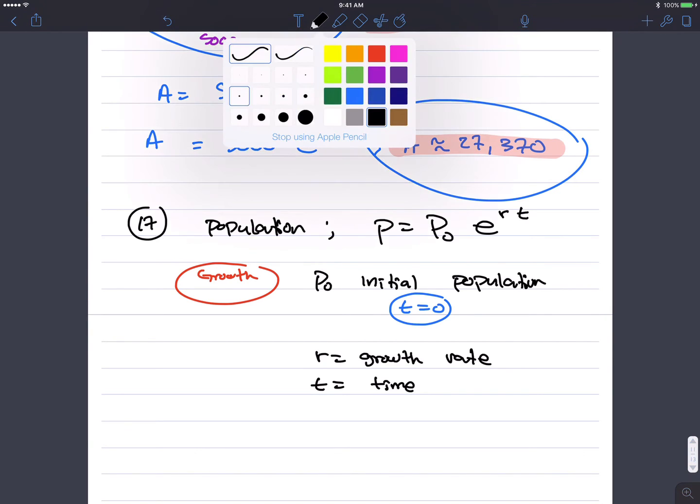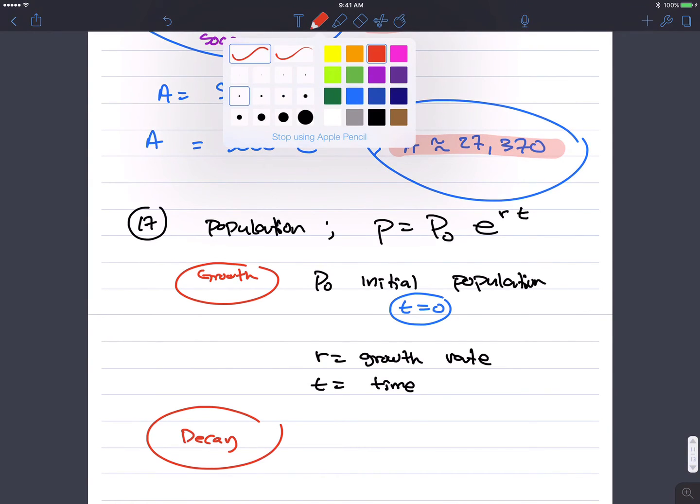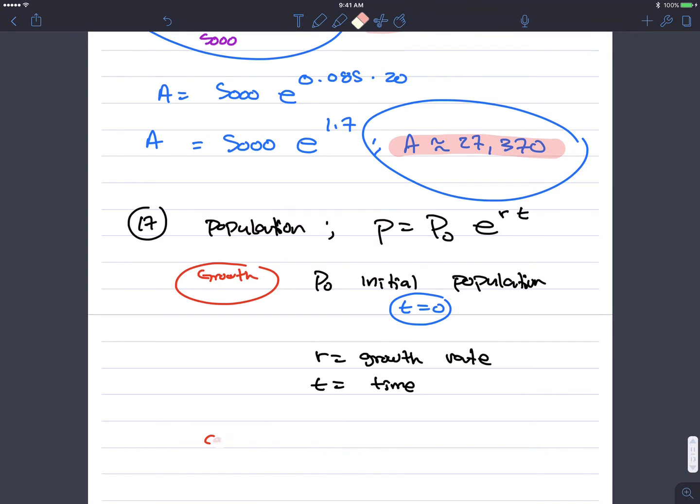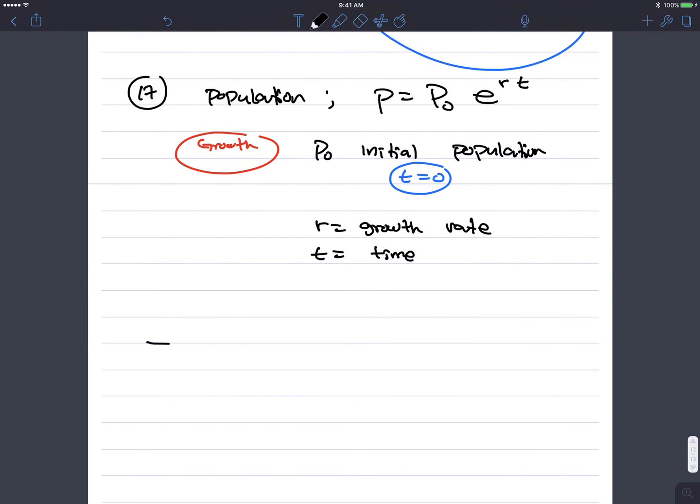And then you have the second situation when it's decay. The only difference here would be the following. Now, let me go back for a quick second before I go to decay. The general picture of population growth models looks like this.